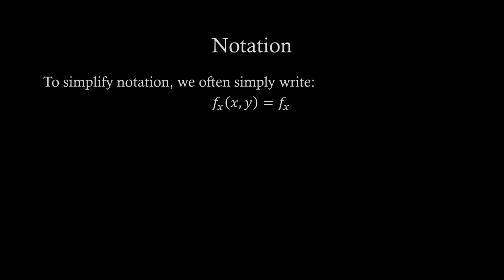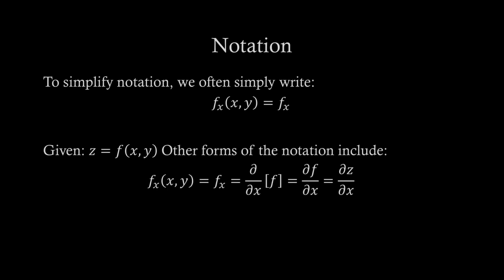Now the notation. To simplify the notation, oftentimes instead of writing that this is a function of x and y, and we're taking the partial with respect to x, we're just going to write the subscript notation, just to make it a little bit neater. Now, given that my function of two variables is typically given as z equals f of xy, there are a lot of other forms of this notation that we use as well.